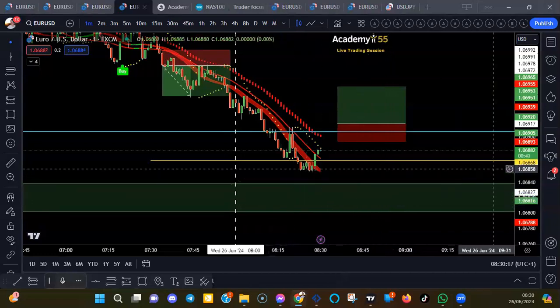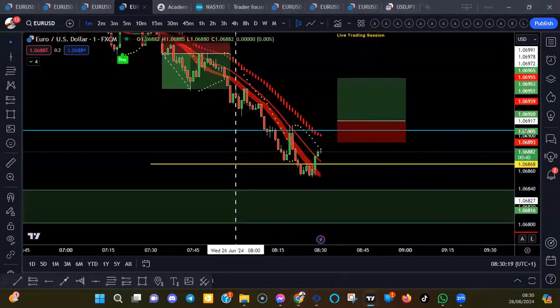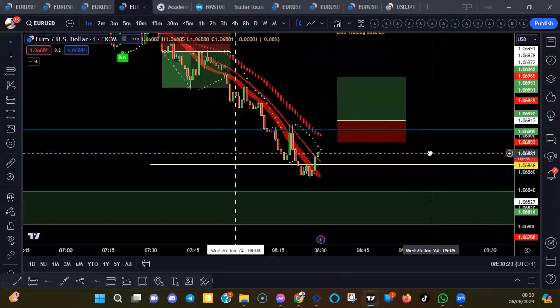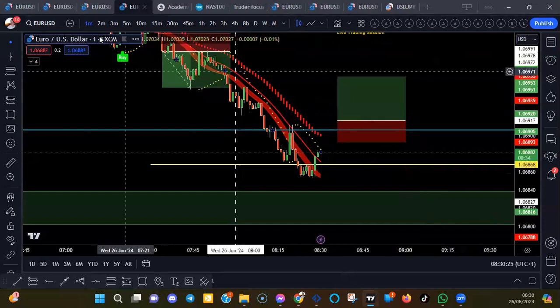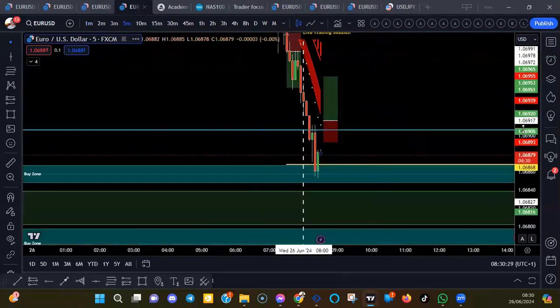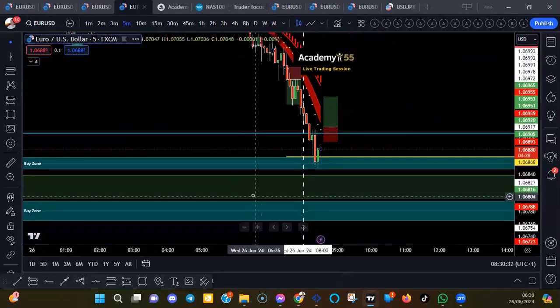So now we're in the SPY zone, picking up the buy orders in the zone there.